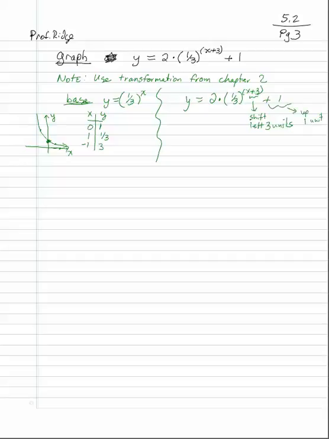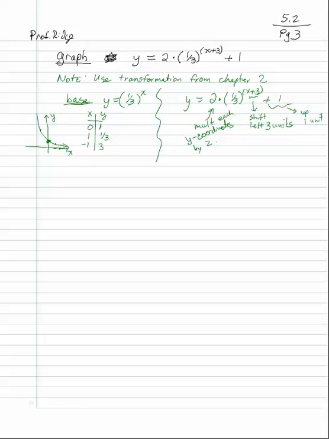So remember, I'm going to move my origin and then plot those points from my pretend origin. And I'm going to multiply the y coordinates of the base graph by 2. You're going to multiply each y coordinate by 2.